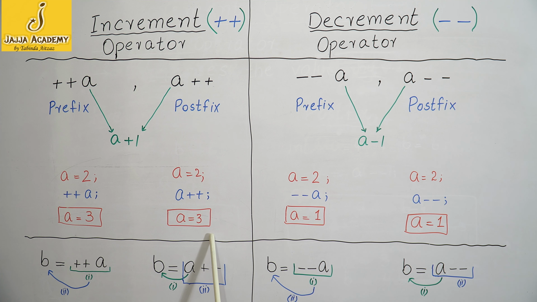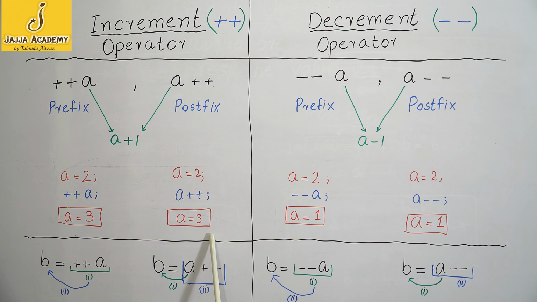But when we use the increment operator along with another operator, then there will be difference in the outputs of prefix increment operator and the postfix increment operator. For example, I have written a statement b is equal to plus plus a. In this statement, I have used two operators.